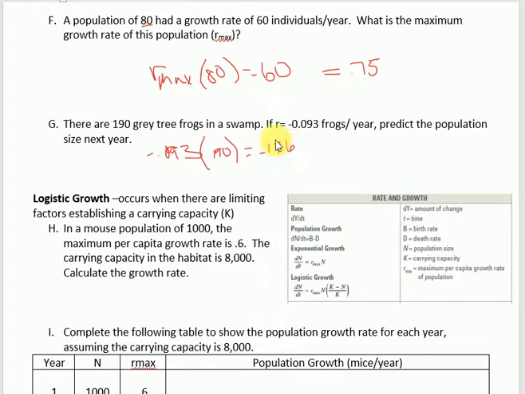Now keep in mind, you have to use whole numbers, because we're talking about population. So we're going to round that up to approximately 18. So if we take that 190 and, since it's a negative number, subtract that 18, then our answer would be 172 of the population.